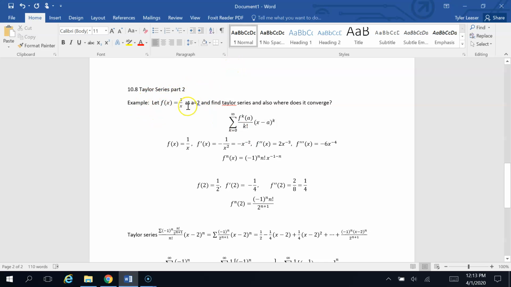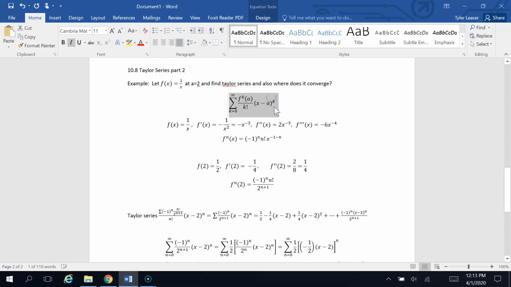But you're given a function 1 over x at the center 2, and you want to find the Taylor series. Here's the definition for Taylor series. You have to figure out what your kth derivative is at a. So we took a few of the derivatives to find the generic form of the nth derivative. Plugged in 2 into the nth derivative, it got this. This is the numerator of the fraction for my coefficients out in front.